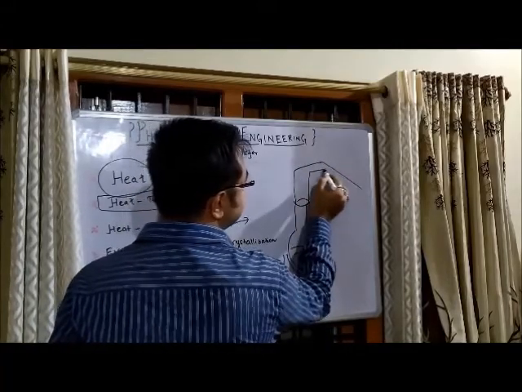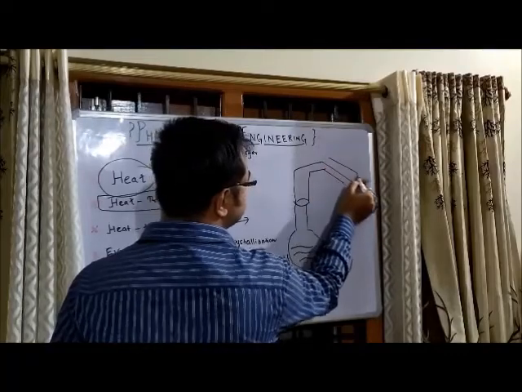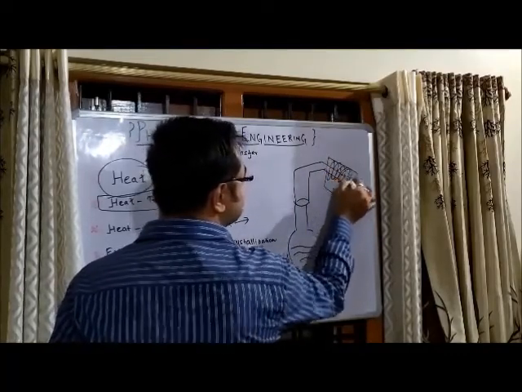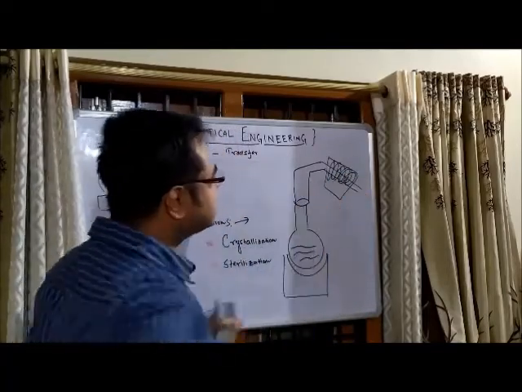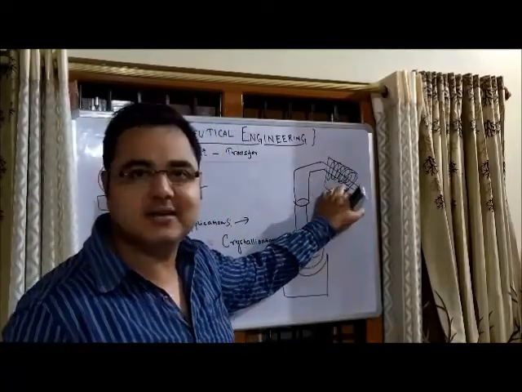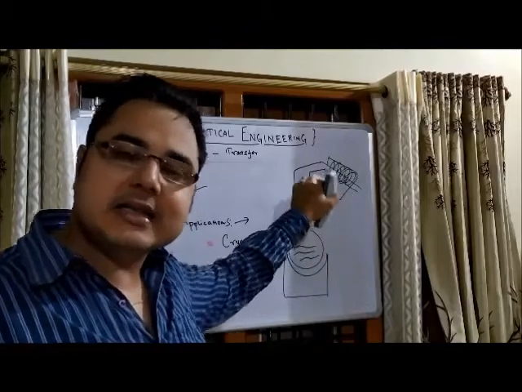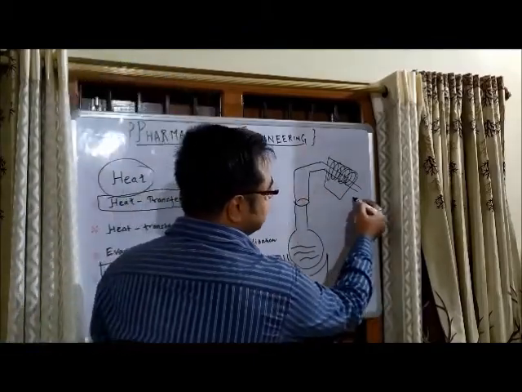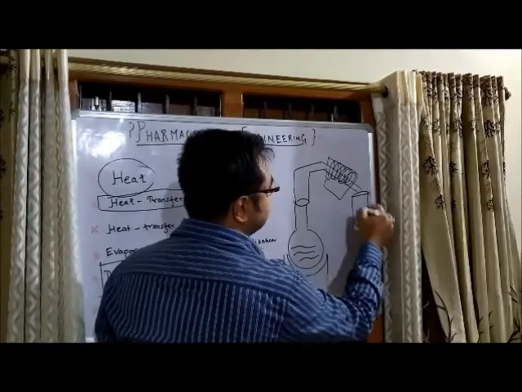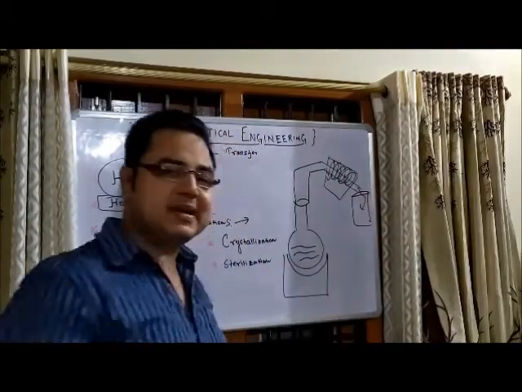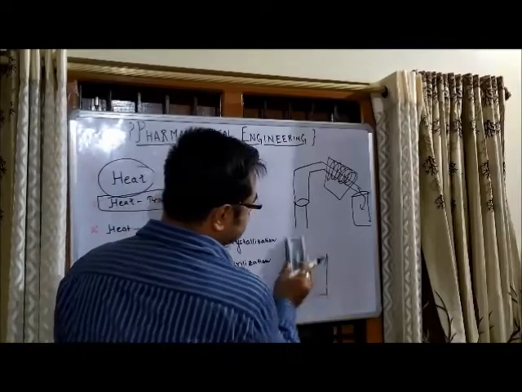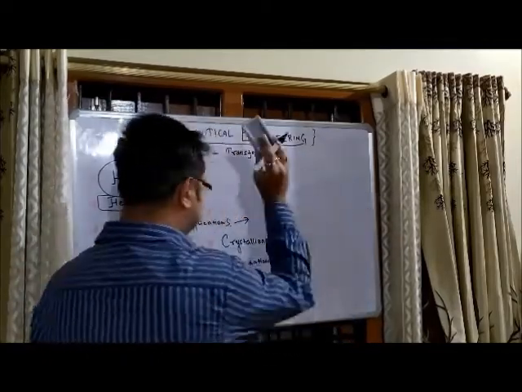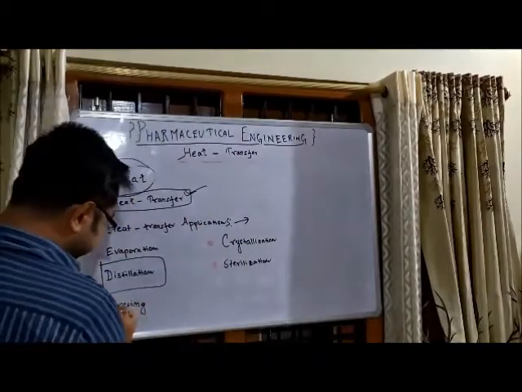Now this pipe is allowed to pass through a chamber which has running cold water. This chamber is known as the condenser, because it will condense the vapor back to the liquid, and the product can be collected here. In this simple way, you can also get the distilled water that is used in our day-to-day life activity.